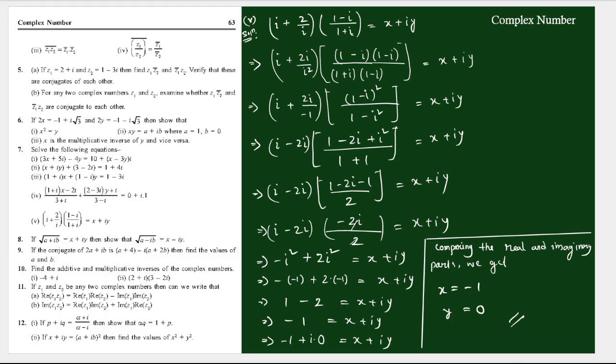So this is your equation number 5. So this is your 7. So we have done so far question number 6 and question number 7.